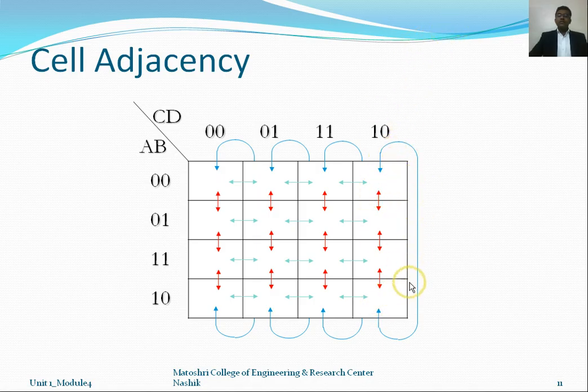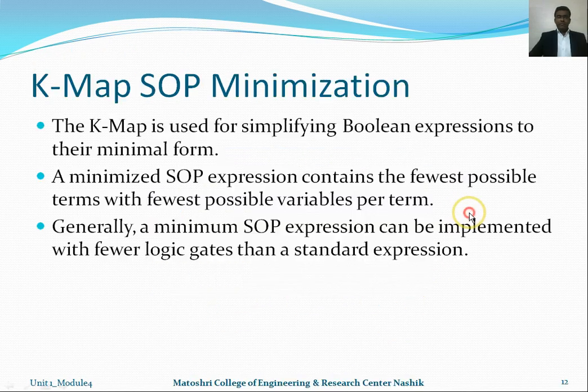So from the upper cell to the bottom cell, they are adjacent. Similarly, the extreme right cell is adjacent to the extreme left cell. These are the left to right adjacency and top to bottom adjacency for the K-map.